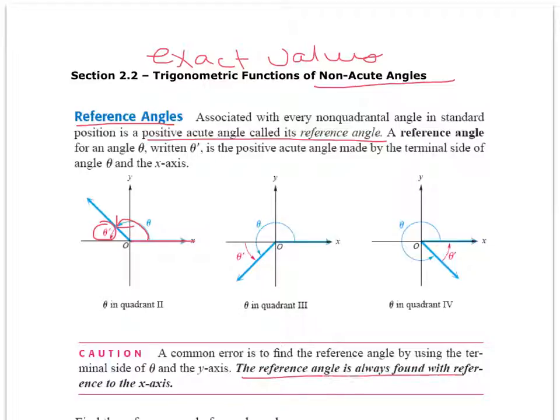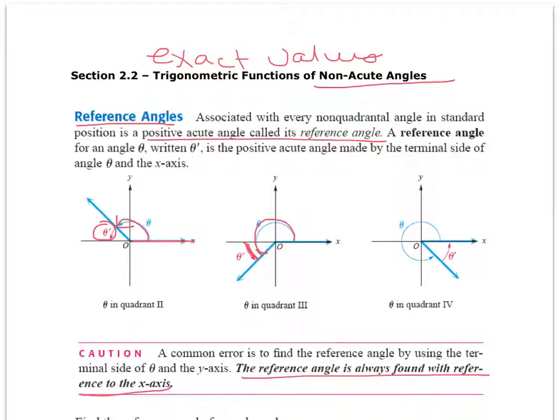Here are your little notes down here. It says the reference angle is always found with reference to the x-axis. We will never use the y-axis when we're dealing with this. So we have this great big angle that opens up, and then we're going to try to find theta prime from here. And this is in quadrant 2.